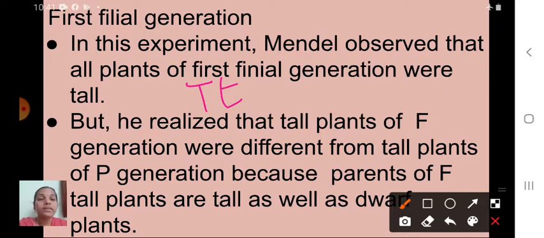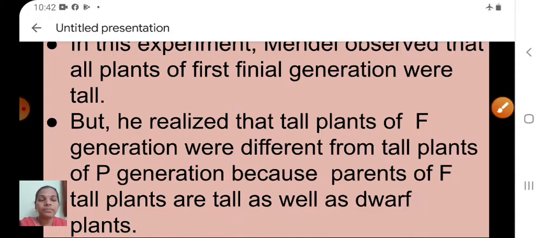But he realized that tall plants of the F1 generation were different from tall plants of the P1 generation. What is the difference? Yes, see here, because parents of F1 generation tall plants are tall as well as dwarf plants. Understood now? Yes. Shall we go to next one now?